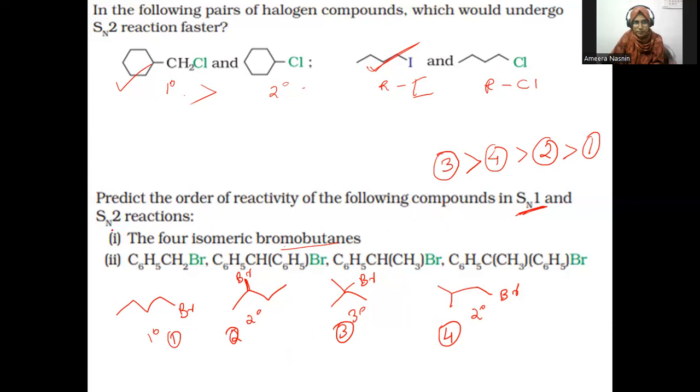And if you are talking about SN2 reaction, the order will be just the opposite. For SN2, the order will be 1 greater than 2 greater than 4, which is again greater than 3.